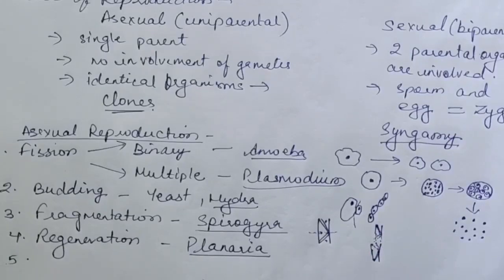So this way fragmentation occurs. Regeneration, the same with the planaria also. If the body divides into three parts, it forms individual new organism for all the three parts.